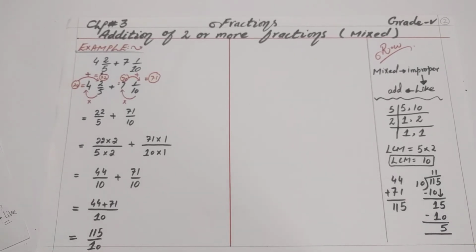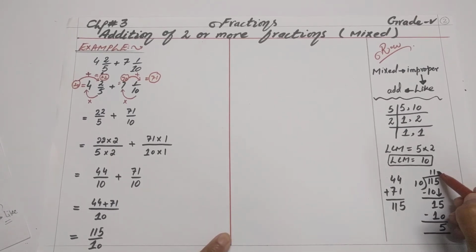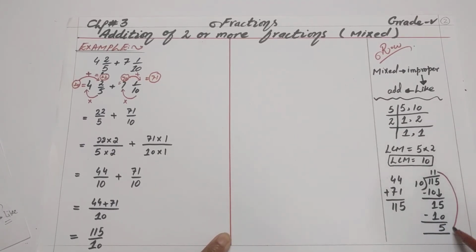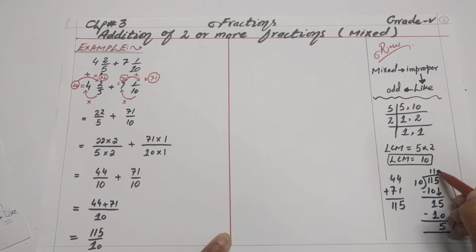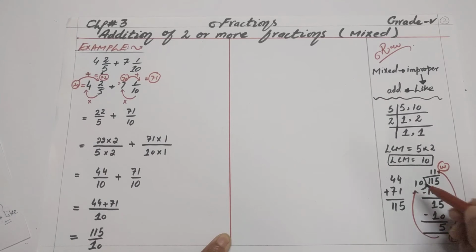So how to write this as a mixed fraction? We will start from the quotient. As our quotient is 11, this quotient will be our whole. This remainder will be our numerator, and this divisor will be our denominator.